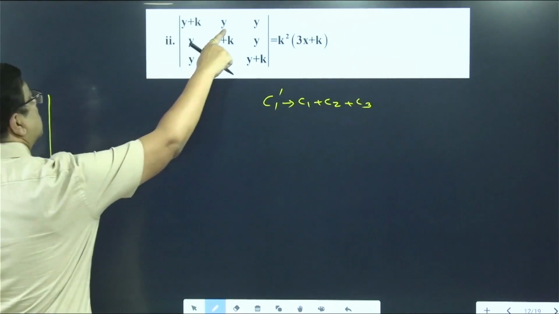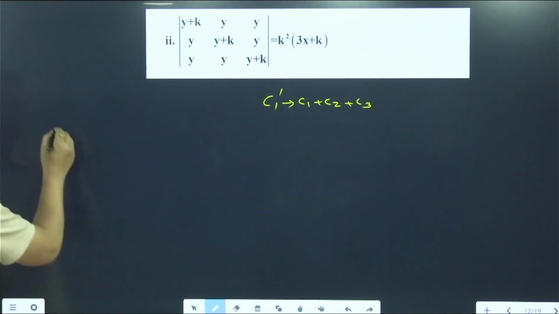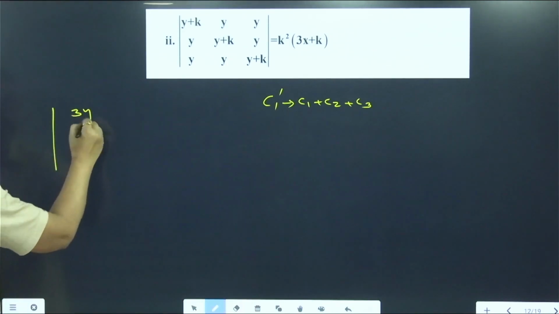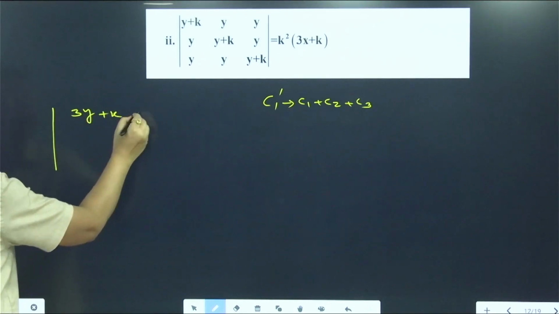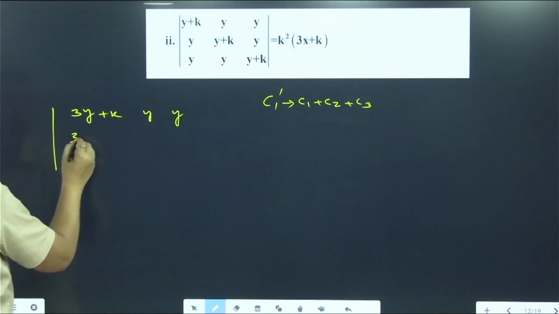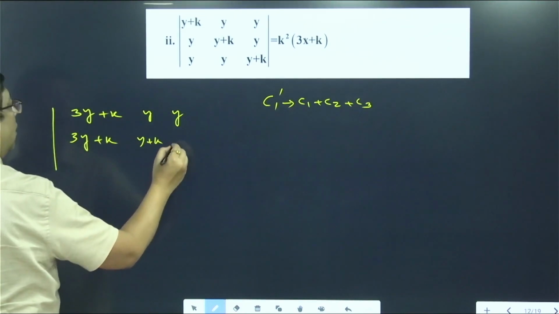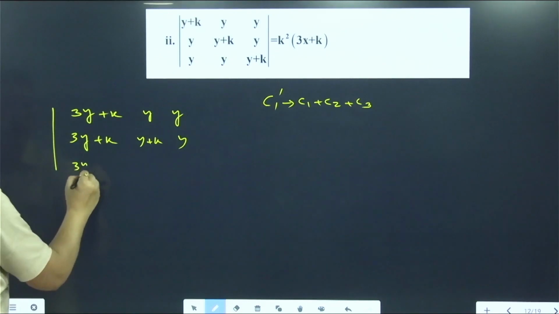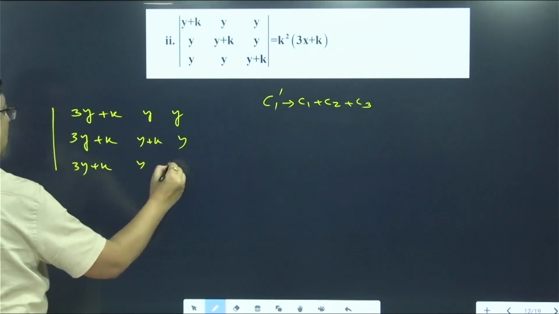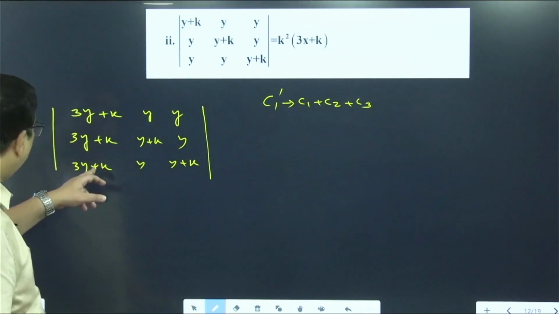So y plus y plus y, 3y, 3y plus k, y, y, and this is 3y, same thing, 3y plus k, y plus k, y, this is 3y plus k, this is y, y plus k. Now we can take this thing common.